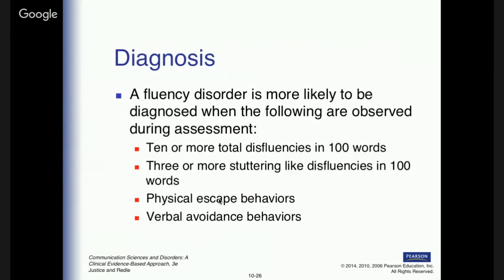I'm actually personally not concerned about total numbers of disfluencies. You can have kids who have tons of disfluencies. I have a lot of kids. I've said that before. I have a 3-year-old right now who's got awesome language skills, great speech skills, and she has a ton of normal disfluencies.